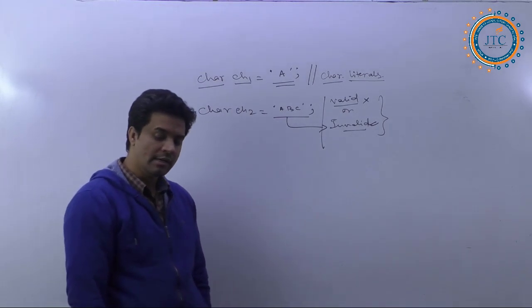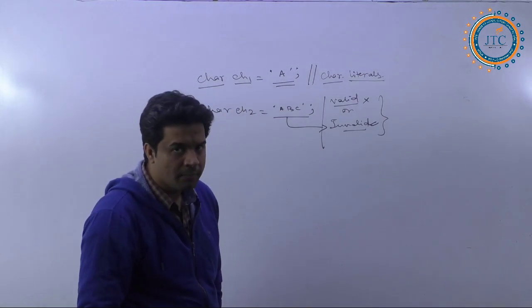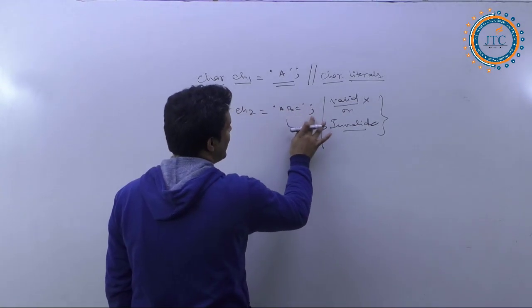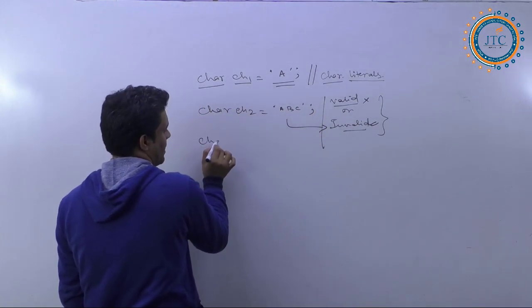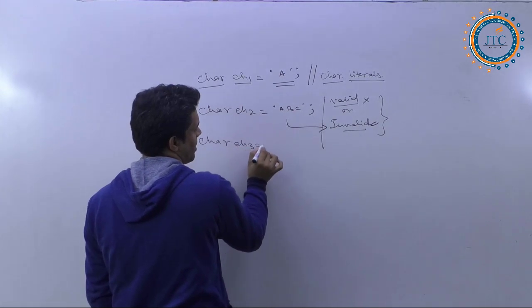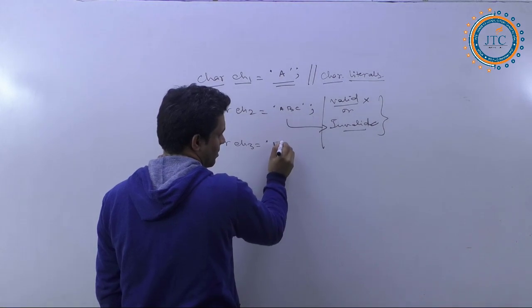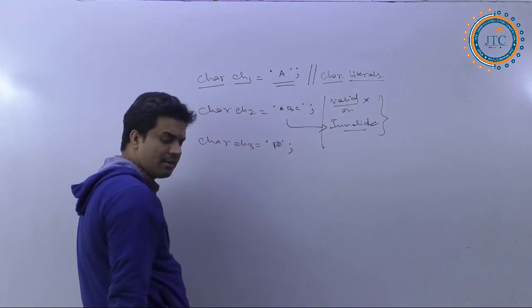Because whenever we talk about the character literal, only one character is allowed. Only one character. Let's say when I am writing ch3 with 1, yes, this is a valid character.